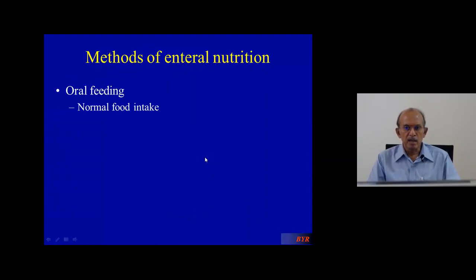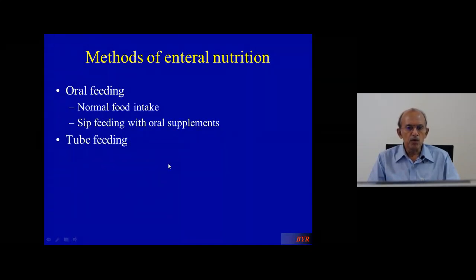Methods of enteral nutrition: oral feeding, either normal food intake or sip feeding. That means you advocate nutrient food to the patient, or you can advocate sip feeding with oral supplements, or you can do tube feeding.